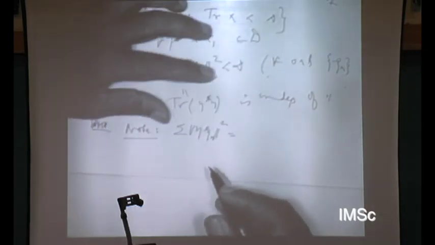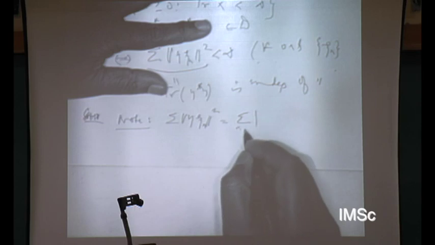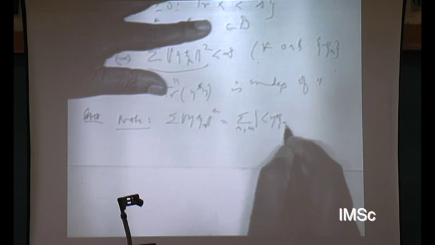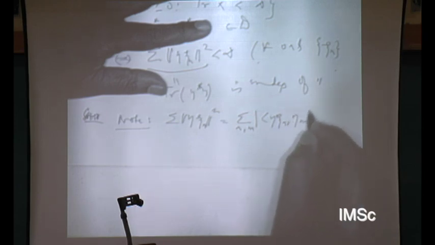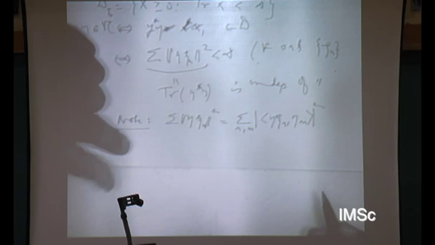So by taking a different orthonormal basis, if I write this as summation over n, m of mod y xi n, eta m squared, that's what this is. Sum over n, norm y xi n squared, sum over n and m of the square of the Fourier coefficient.